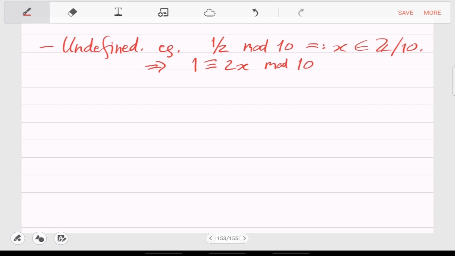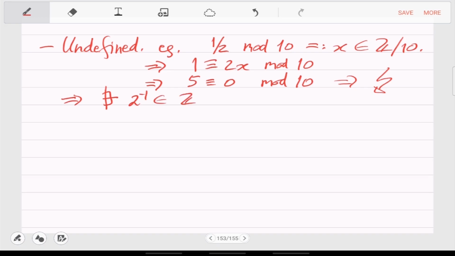Should multiply by 5 both sides. So you will get that 5 is 0. And is this true? So this is a contradiction. The contradiction means that there does not exist an x. There does not exist 2 inverse in Z10. So inverses are not for free in this arithmetic.